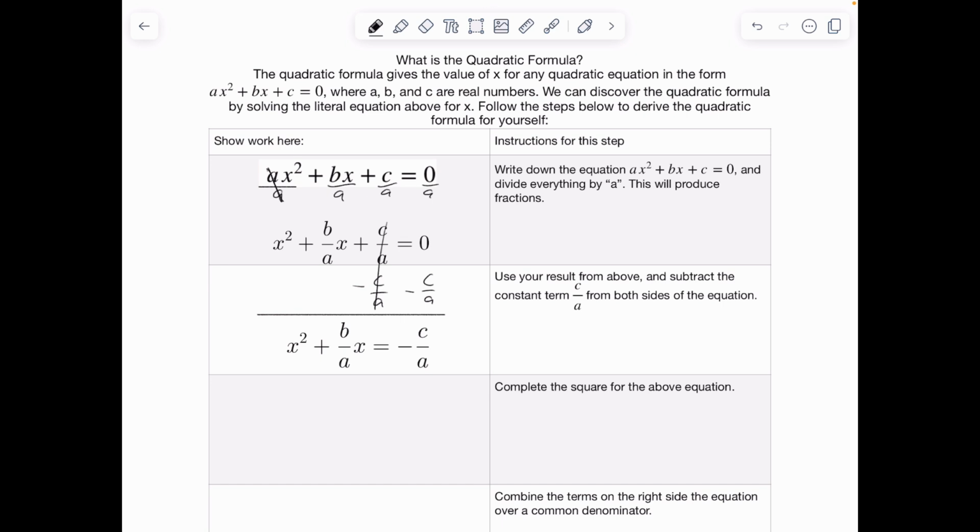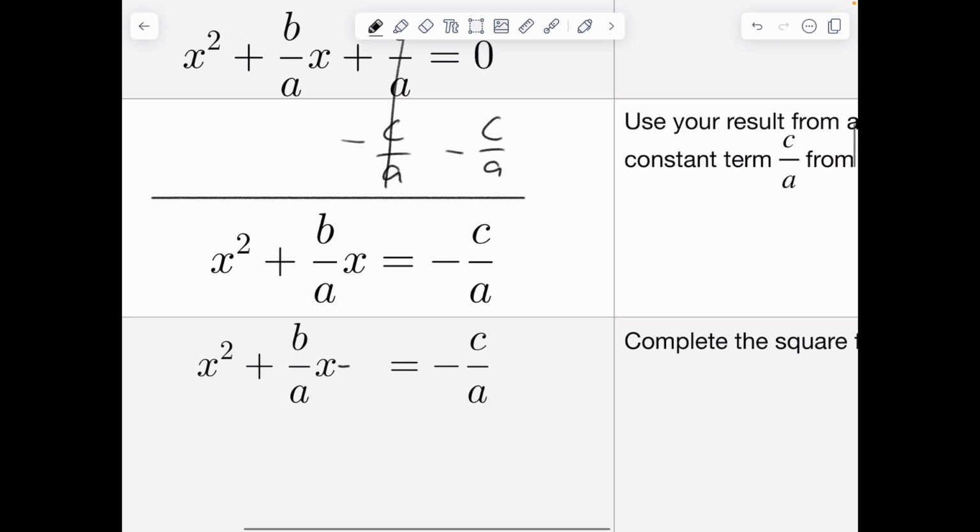So with that, we are going to go ahead and complete the square. To complete the square, we're going to add b over a divided by 2, which becomes b over 2a. We're going to square that. So half of the middle term squared. If we add it to the left, we also have to add it to the right. So b over 2a squared.